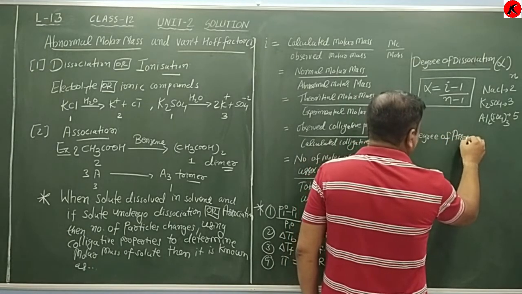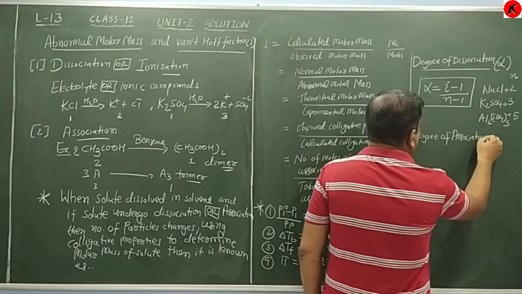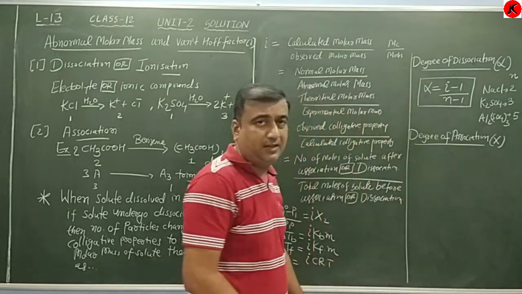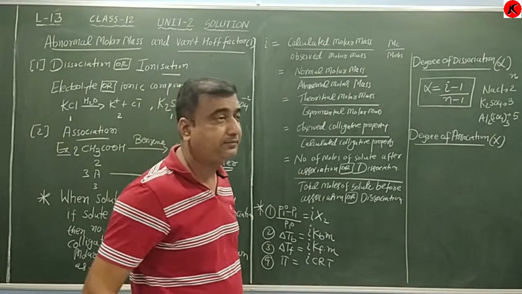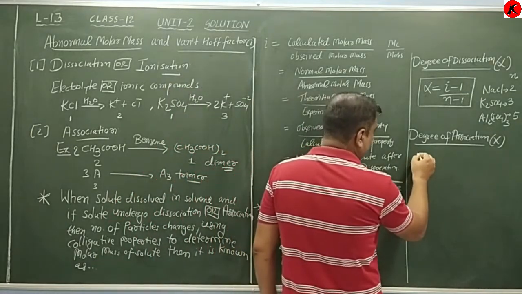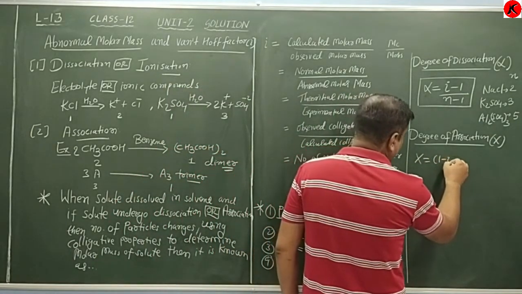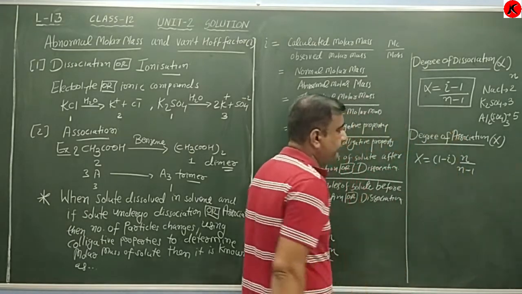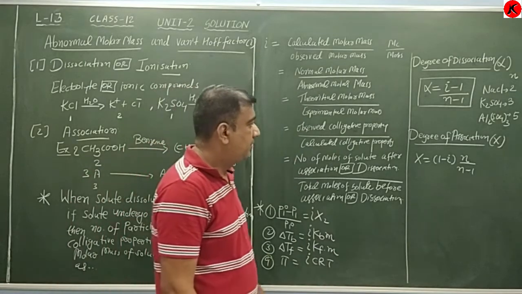Now degree of association. Suppose the symbol is x; otherwise, you can also write alpha. Now how to calculate x? x equal to (1 minus i) n upon (n minus 1).